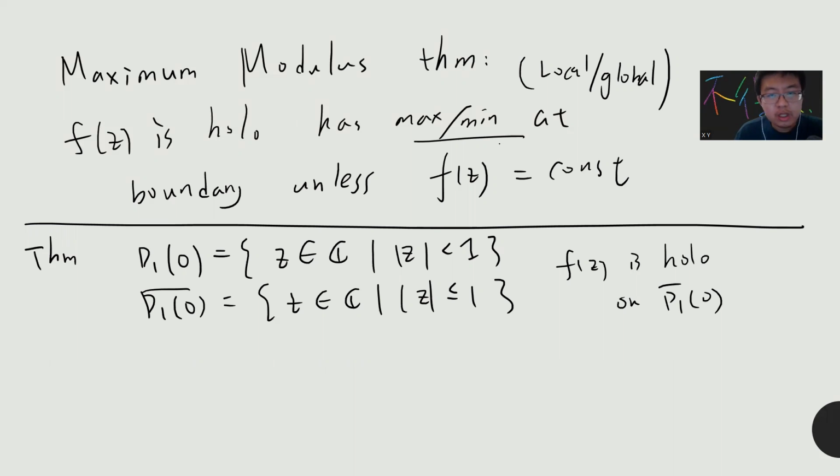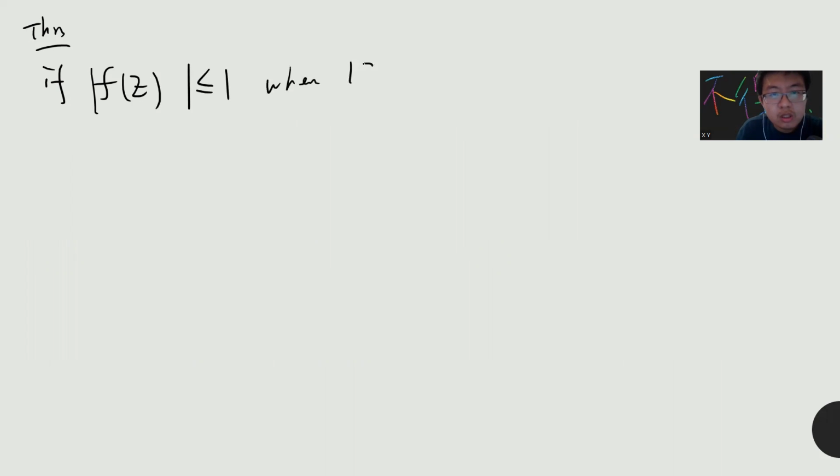Let me write down the theorem. Our condition is that |f(z)| is less than 1 when |z| equals 1.